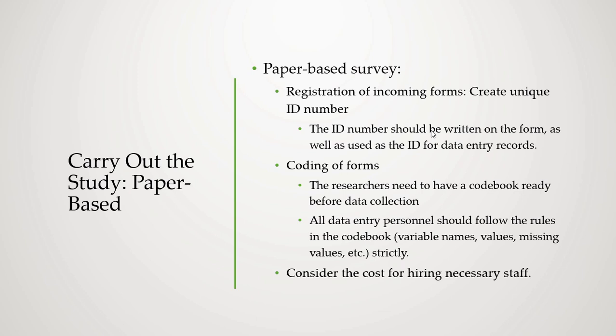Finally, the project leader needs to evaluate the amount of work and consider whether it's necessary and affordable to hire staff to help with tasks such as gathering a mailing list, preparing envelopes, distributing surveys, and collecting and entering data.